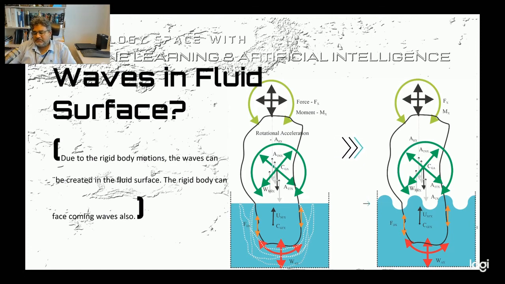These wavy conditions can further complicate the rigid body motions, both in the translational and rotational directions. You can imagine that when these complications influence the rigid body motion itself, that will also influence the buoyant force as well as the added mass and the drag force in this situation.